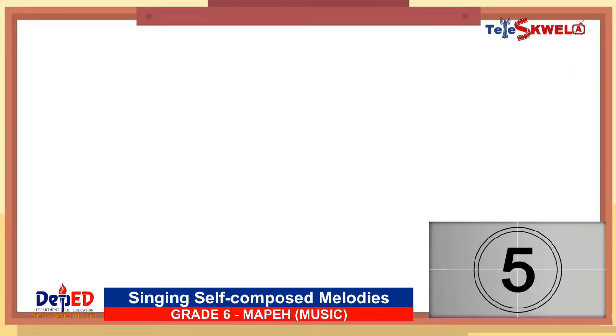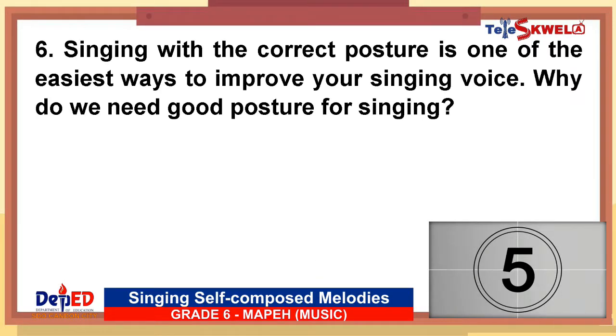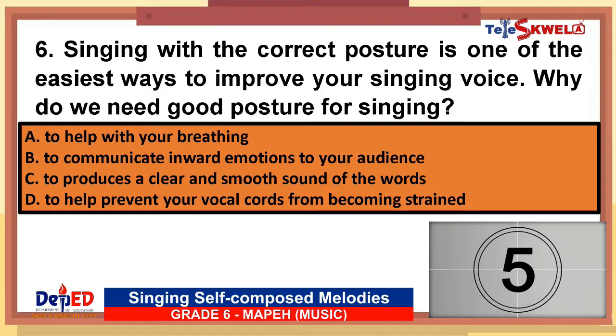Let's move on to number 6. Singing with the correct posture is one of the easiest ways to improve your singing voice. Why do we need good posture for singing? Choices are letter A, to help with your breathing. Letter B, to communicate inward emotions to your audience.